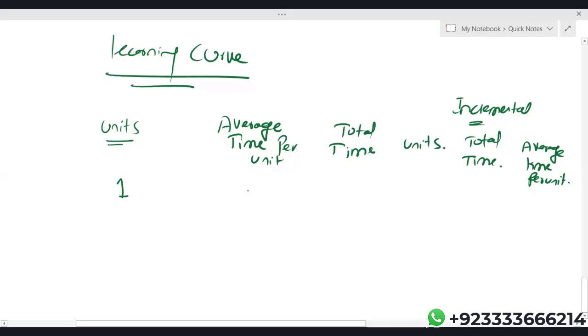So I'll take 100 hours here. Total time will be 100 hours, 1 multiplied by 100 is 100. We are producing 1 unit, total time is again 100, and average time per unit is also 100. And let's say the learning curve percentage is 80%.